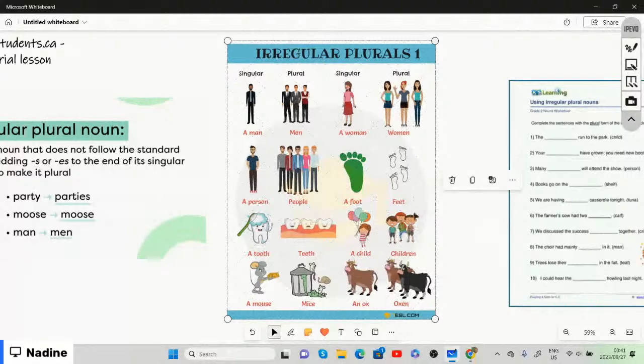A mouse that ate the cheese and gave it to the other mice, mice being more than one, and then an ox, and the plural form of ox is oxen. So this is but a few irregular plurals.